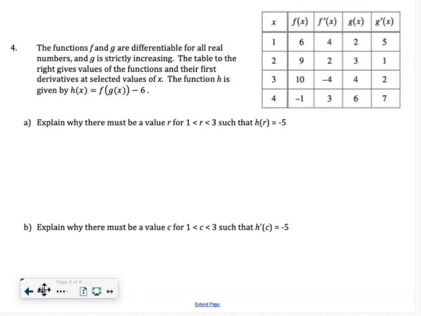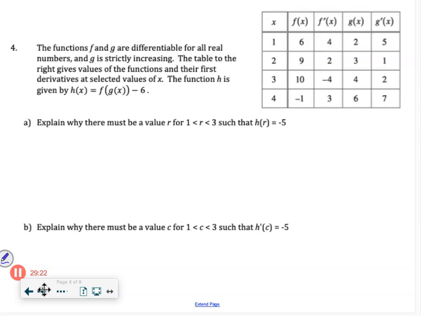All right, so IVT. What's the first condition for IVT? It's continuous. So we need to show that h is continuous. Since f and g are both differentiable, that means f and g are both continuous. And since h is equal to f of g of x minus 6, then h is continuous. If these are both continuous, then h is continuous. However you wanted to word that, all I was looking for was, did you say h is continuous?